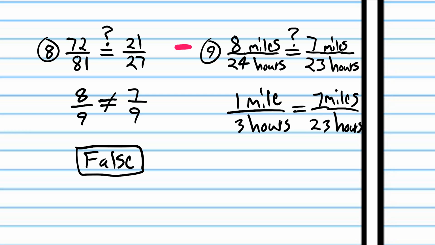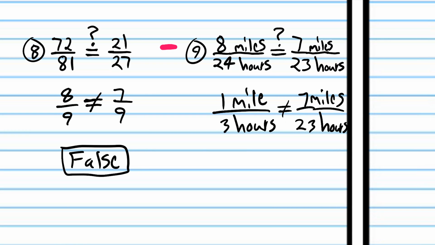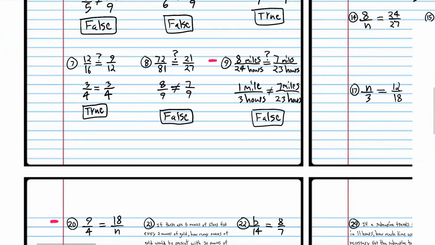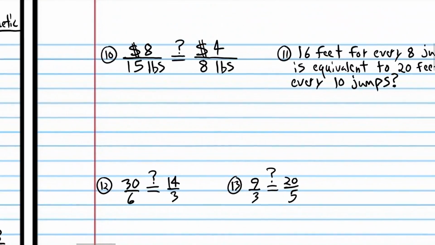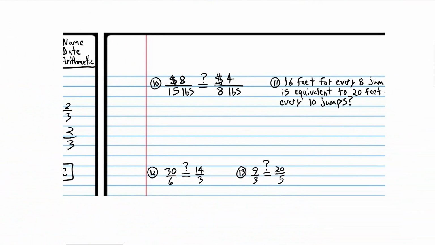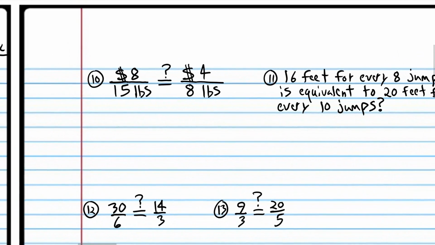And you can see that 1/3 is not equal to 7 over 23. So we have to write not equal to, and the proportion statement is false. Why don't you try number 10, and when you come back, we'll do it together.